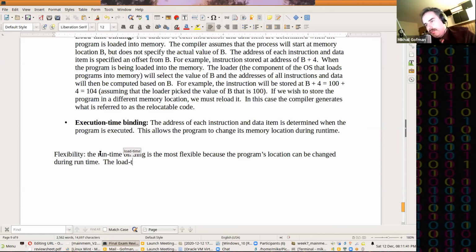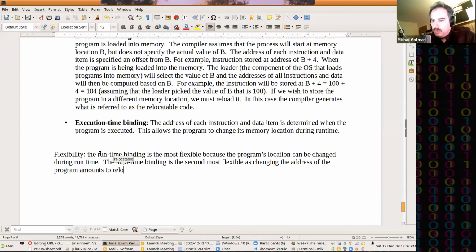Load time binding is the second most flexible, as changing the address of the program amounts to reloading the program.